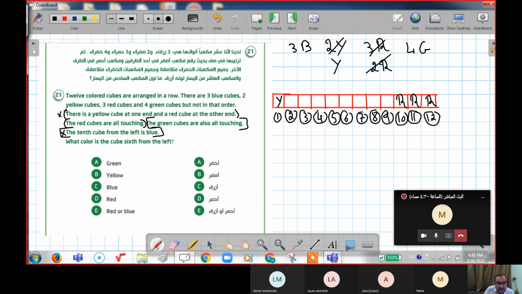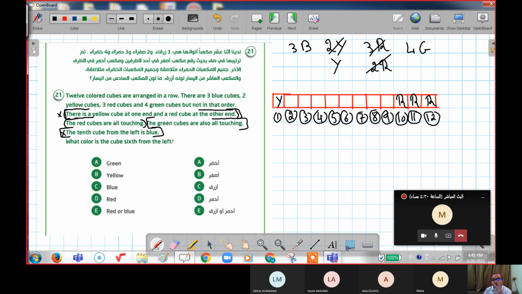Because this one, read this one, Maha. There is a yellow cube at one end and a red cube at the other end. He says, Maha, at one end. He didn't say the left or the right.